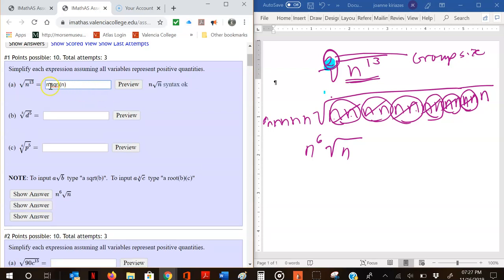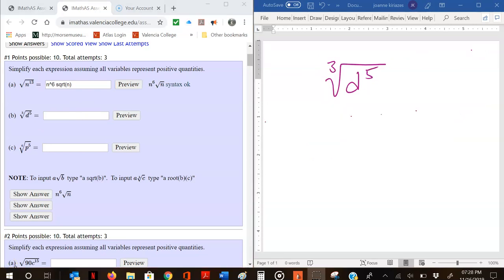Oh, and I forgot, we should have had an n to the 6th. Let me add that. So n to the 6th will look like this. So that's n to the 6th square root n. And you can check over here in the preview. It shows you what it looks like. So you can see that's what I wanted it to look like. So we're fine. And let's look at the next one.